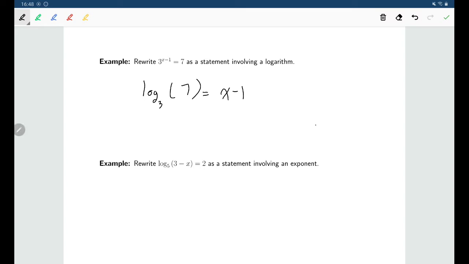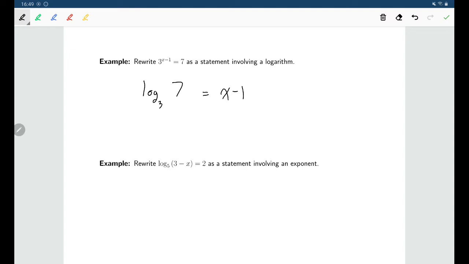For example, if I had log base 3 of x minus 2, to make sure it's clear that the x minus 2 is all going into that logarithm, I might put brackets around it. But if I'm just talking about log base 3 of x, I may or may not put brackets around the x, and those are both equivalent. So sometimes I'll use brackets to make my writing clear as to what exactly is going into the logarithm. But for this one, I think it's clear enough to just say log base 3 of 7.